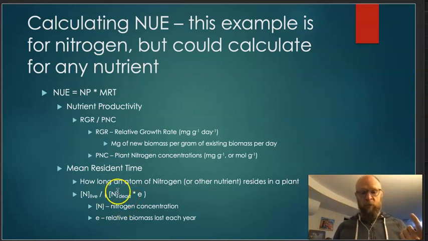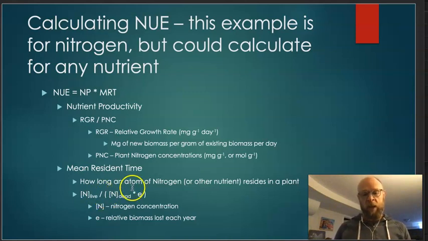The nitrogen concentration of the dead tissue is usually lower than the nitrogen concentration of the live tissue because the plant is resorbing some of that. Before the plant senesces its tissues, it takes some of that nitrogen that was in there and reuses it. It breaks it down, stores it, and then it can reuse it somewhere else.